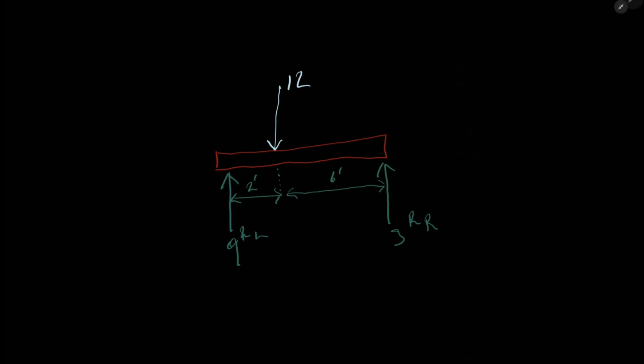To find the exact amount of load that RL on this side will carry, and the exact amount that we have to carry over here, we'll have to calculate it. Now, when we're calculating the values that we get, we call them reactions.